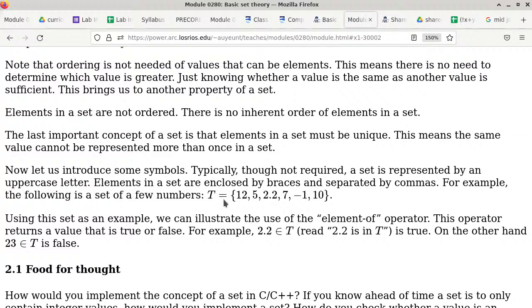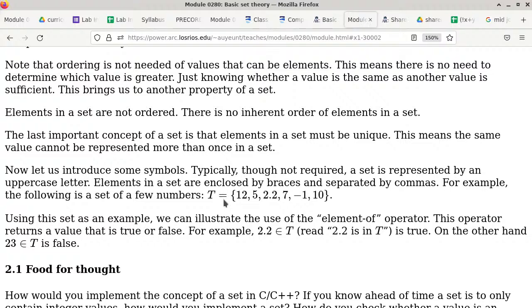So in this notation here, T is the name of the set. And then the curly braces are very important because those are the delimiters. They basically state this is the beginning and this is the end of the content of a specific set. So in this case, we have the content of 12, 5, 2.2, 7, -1, and 10.